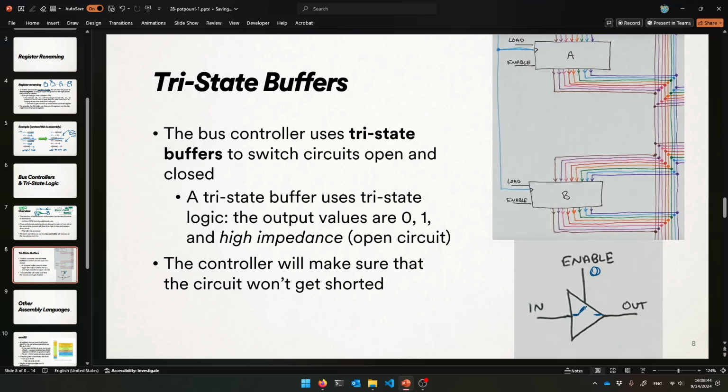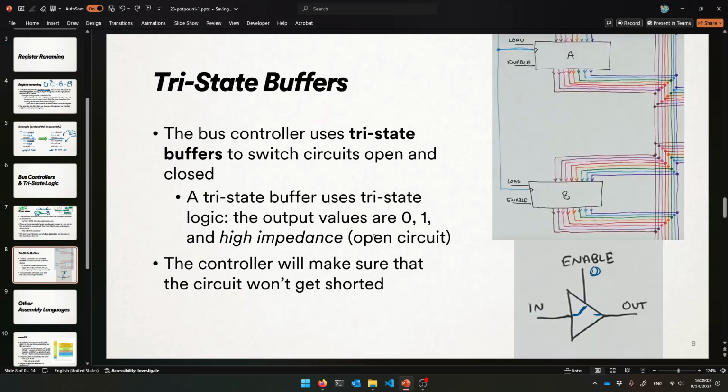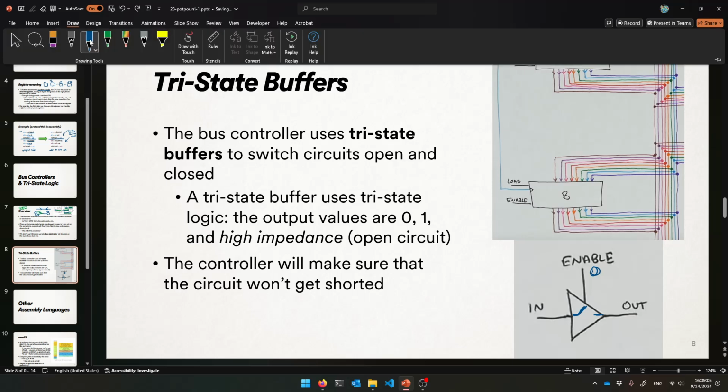It's like an open circuit, if that makes sense. That's called high impedance, an open circuit right now if you're not enabling anything to travel. It's like no information can go this way, no electricity can flow, all right? And that's perfect for our cases. That's making sure that no 2 people can use it at once. Somebody's cut off, okay? That's what's going on with the tri-state buffer. And then if the enable is a 1, let's use green for that.